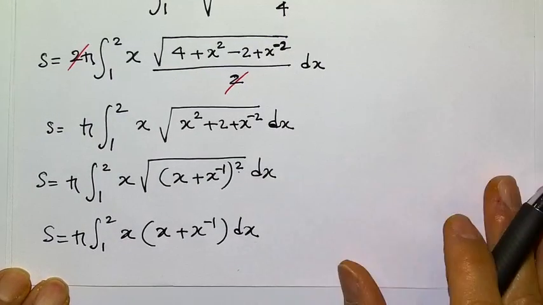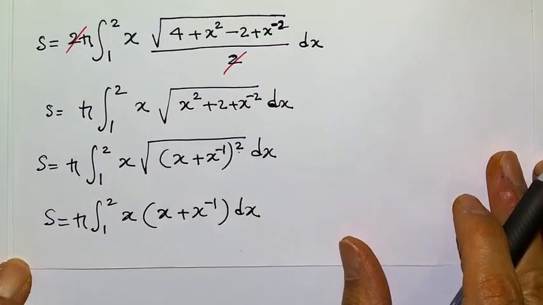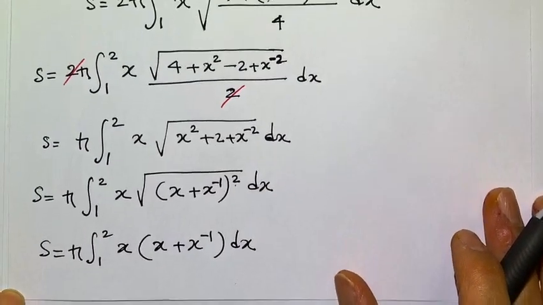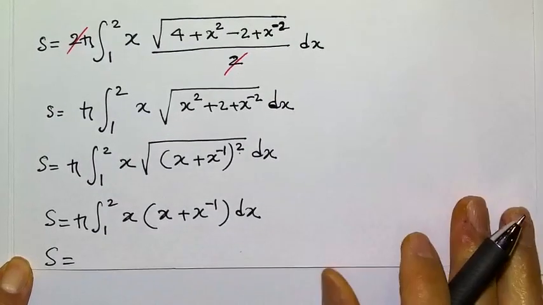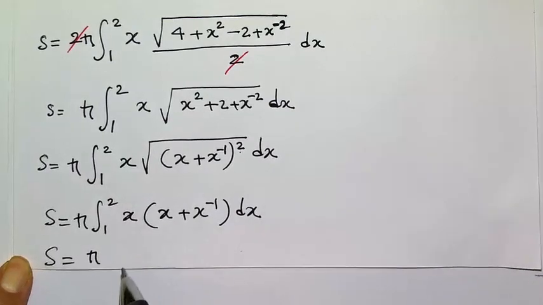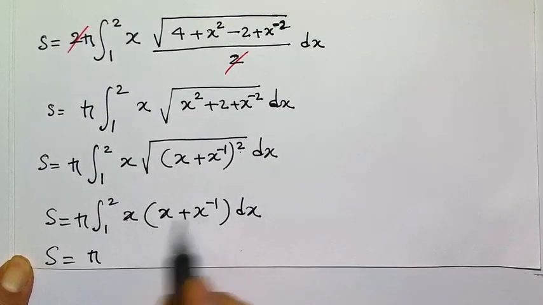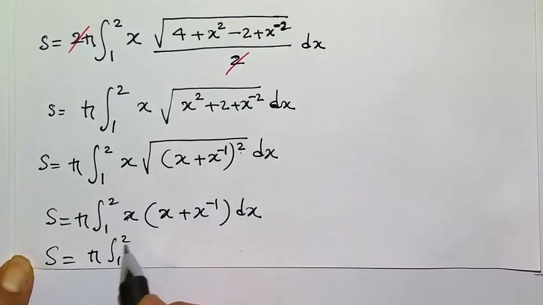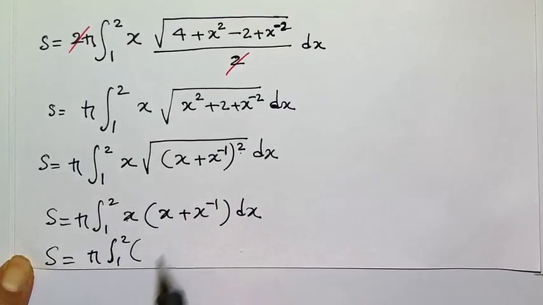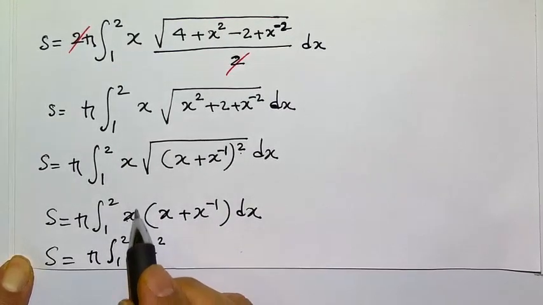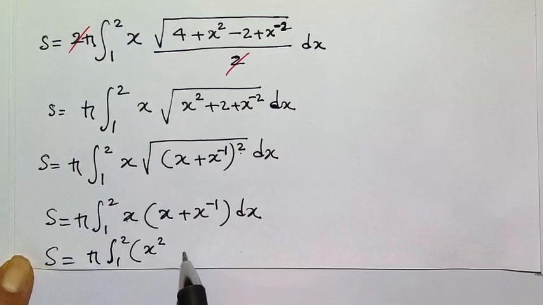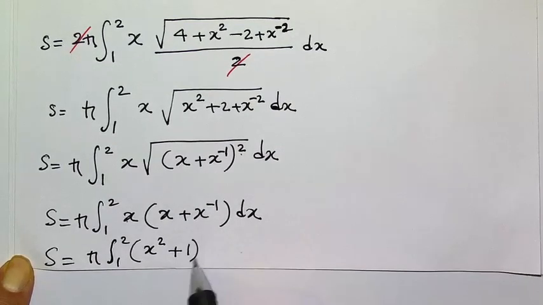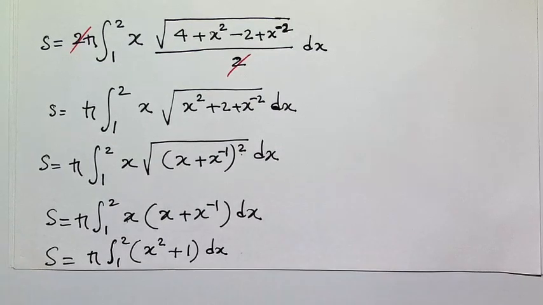Now, if we distribute, and I'm trying to keep all the solution on one page, so I hope you don't mind if I squeeze another line here, I'll just say pi and distribute this x into this. Integral from 1 to 2, and we end up with x squared plus, the power of this is 1 plus minus 1 is 0, so that would be just 1, plus 1 dx.